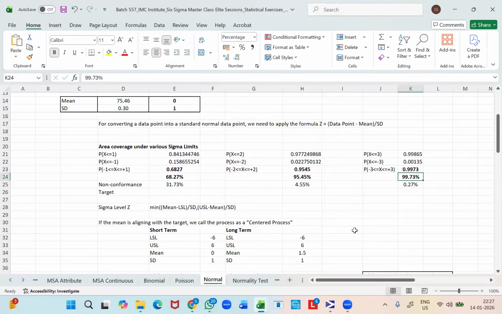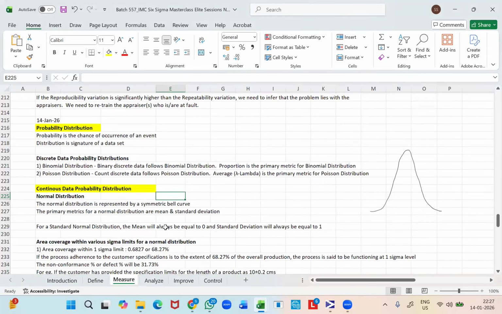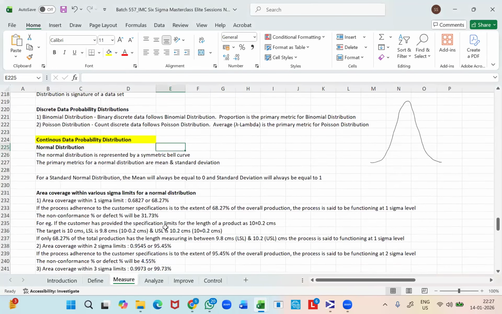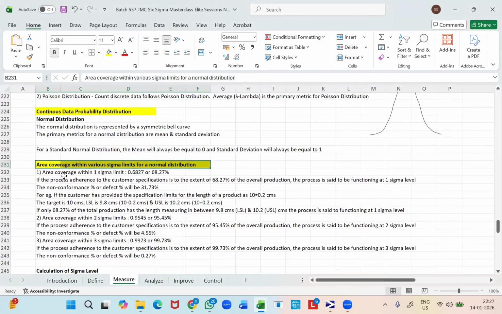Area coverage within 3 sigma limits is 99.73%. And all these values are applicable only for normal distribution, not for any other continuous data distribution. We need to remember that. That is why I specifically mentioned area coverage within various sigma limits for a normal distribution.